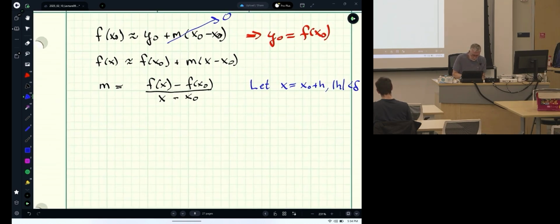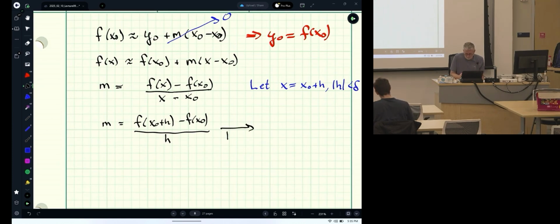And then we see that m should satisfy, it's approximately equal to f at x0 plus h minus f at x0, over the denominator, when we subtract the x0, which is h. And then we see that as h goes to 0, this is the derivative at x0.